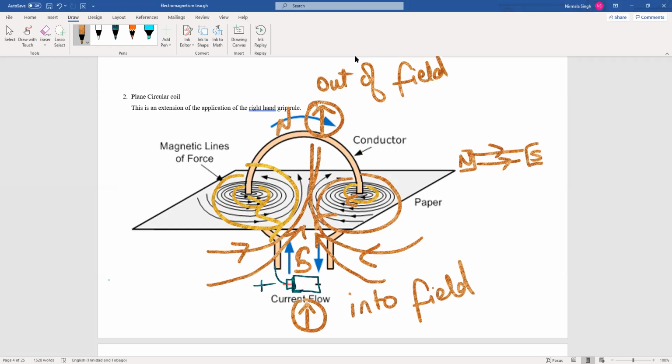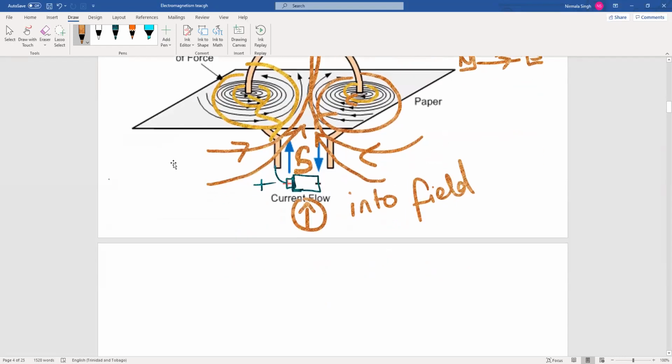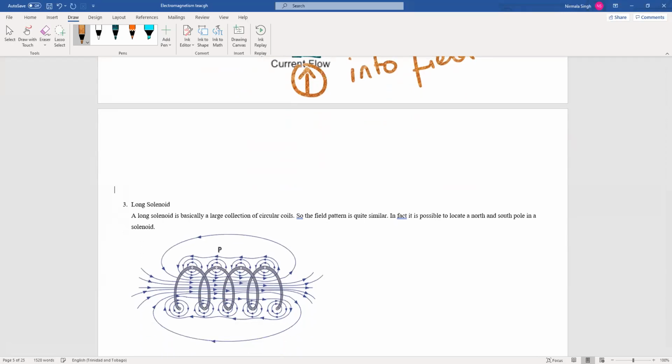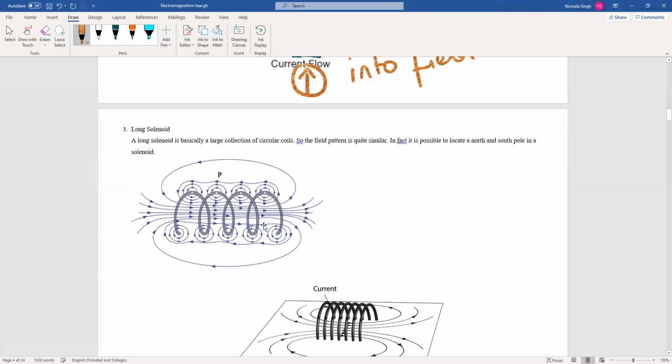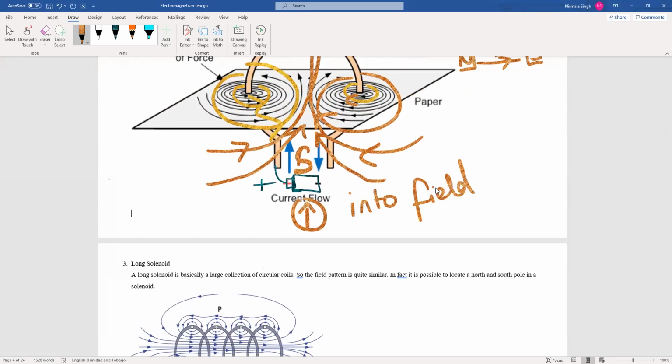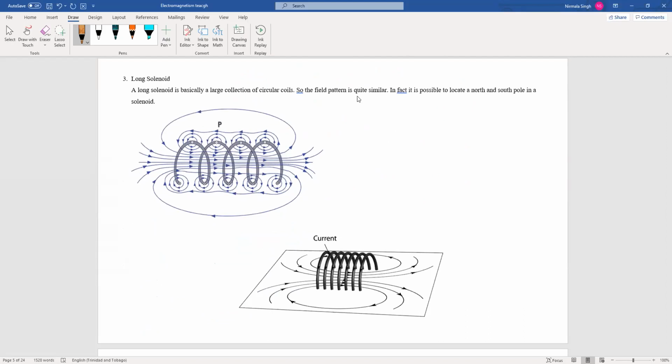Why am I saying that right now? Because that leads us to the very next section. The very next section is a long solenoid, and our long solenoid can be used to produce a solid magnetic field. We're not talking about two circular magnetic fields like we had here. A single wire produces a circular magnetic field.